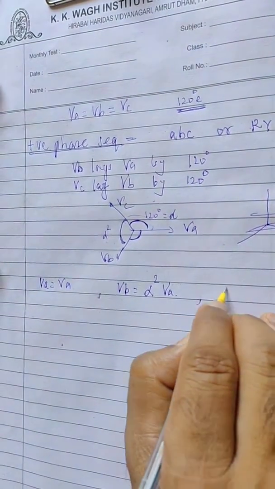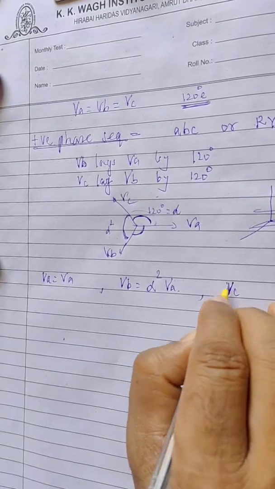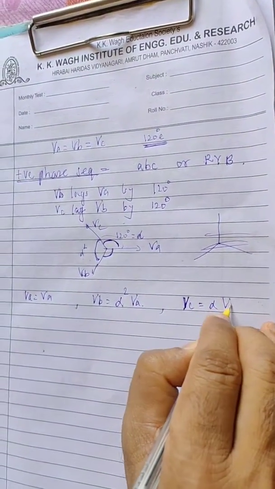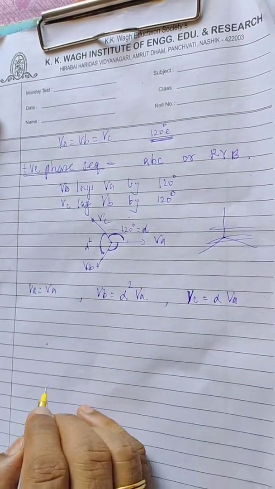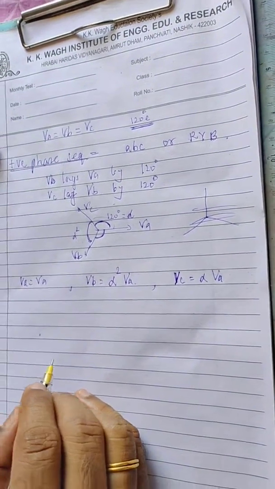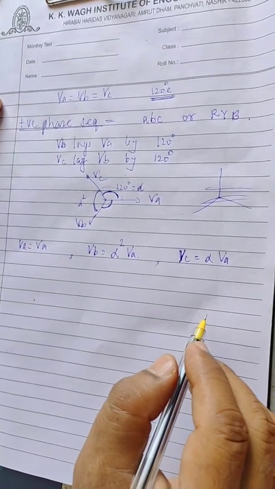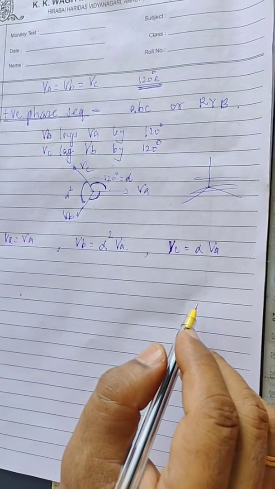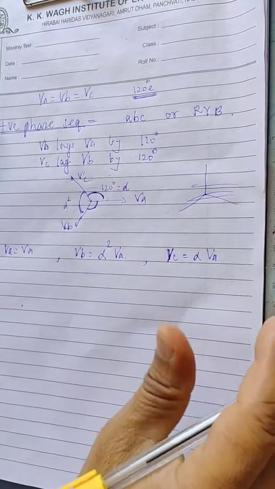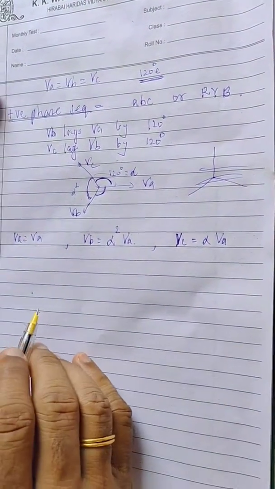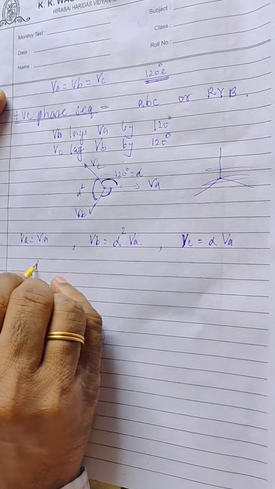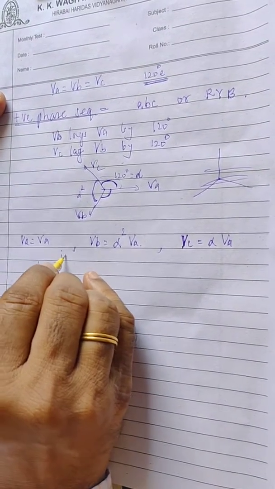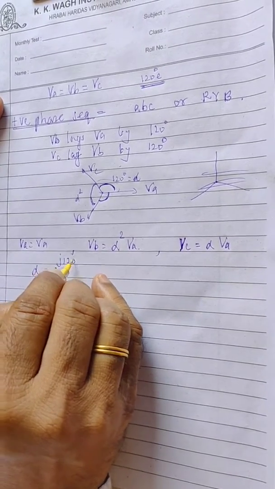So VC in terms of the reference phasor will be alpha VA. Alpha is a complex operator, like operator j. Alpha is defined as e raised to j 120 degrees.